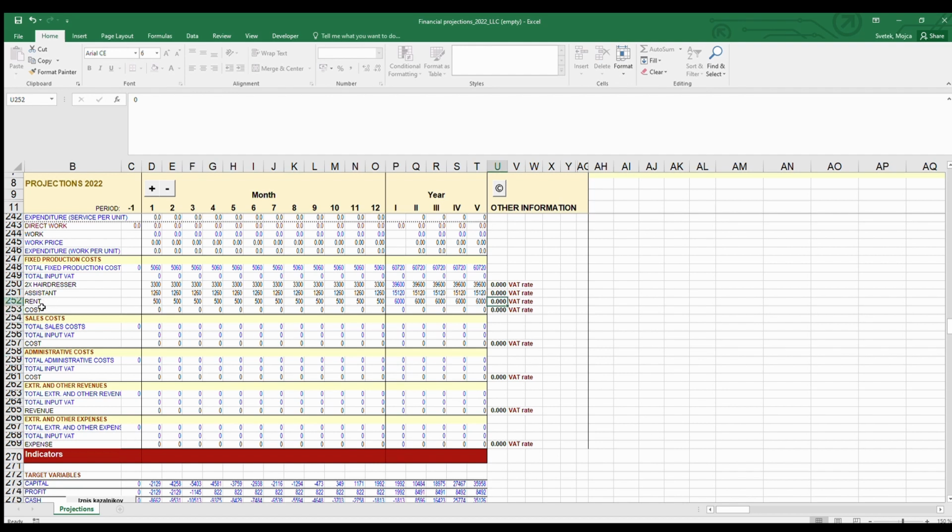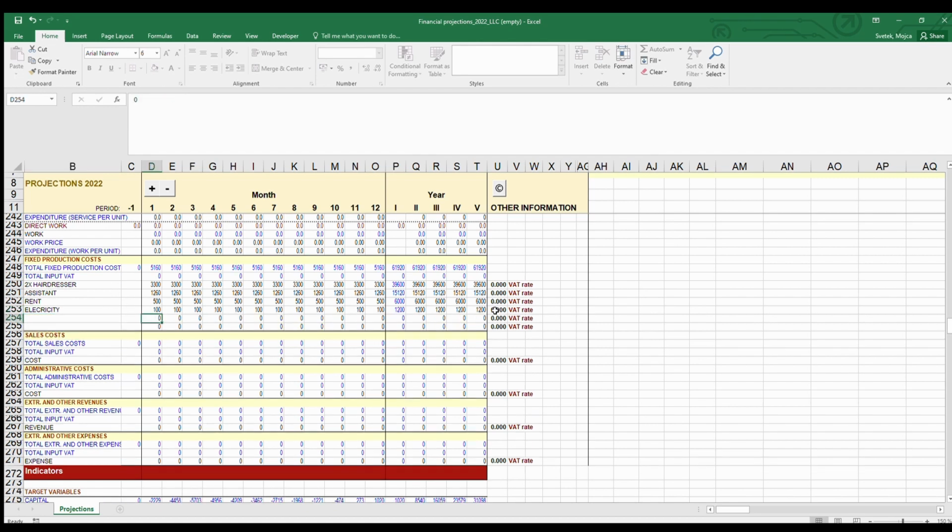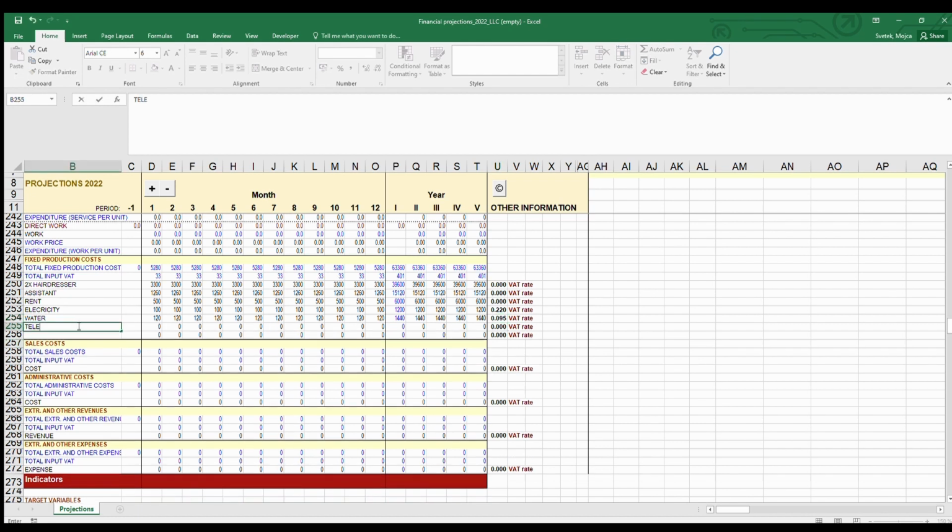Electricity is 100 euros per month with VAT rate of 22%. Water 120 euros with VAT 9.5%. Telecommunication expenses of 40 euros per month, VAT of 22%.